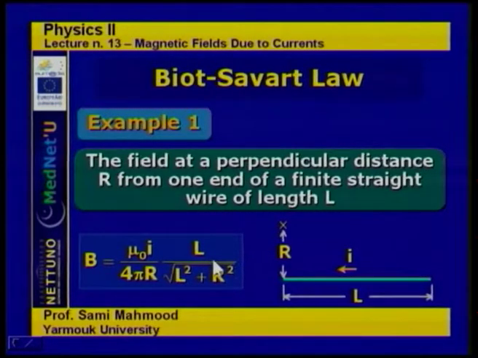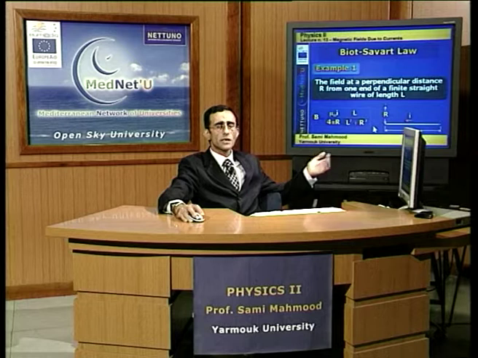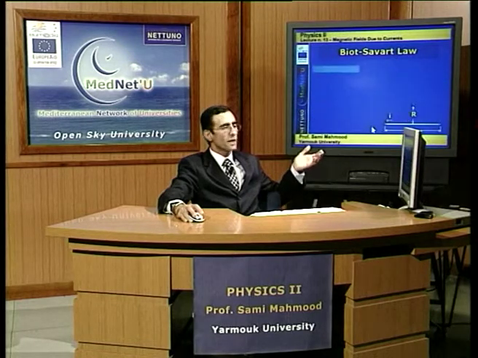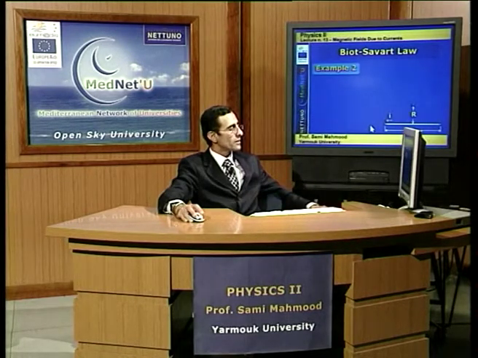The other limit at z equals 0 will give us 0. So this is the result for the field induction due to a finite wire at a distance r from one end, in a direction perpendicular to the length of the wire itself. This is a direct application of the general case that we have discussed before.